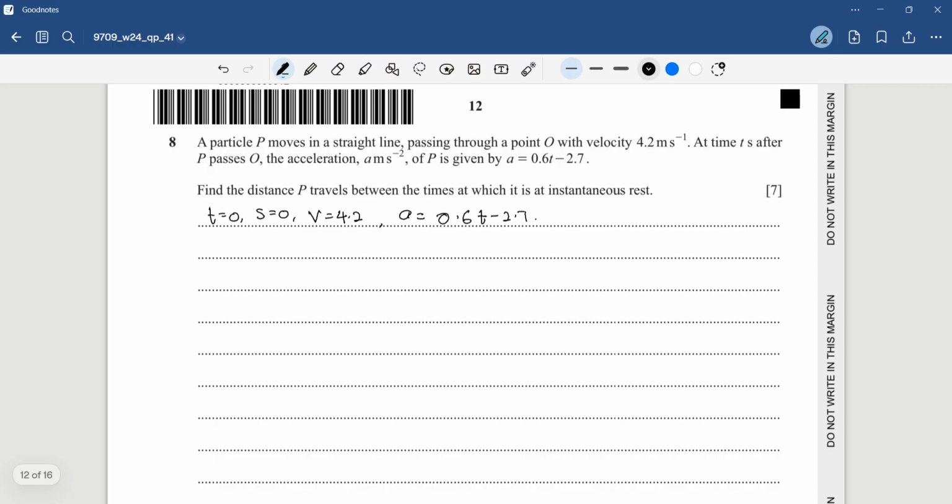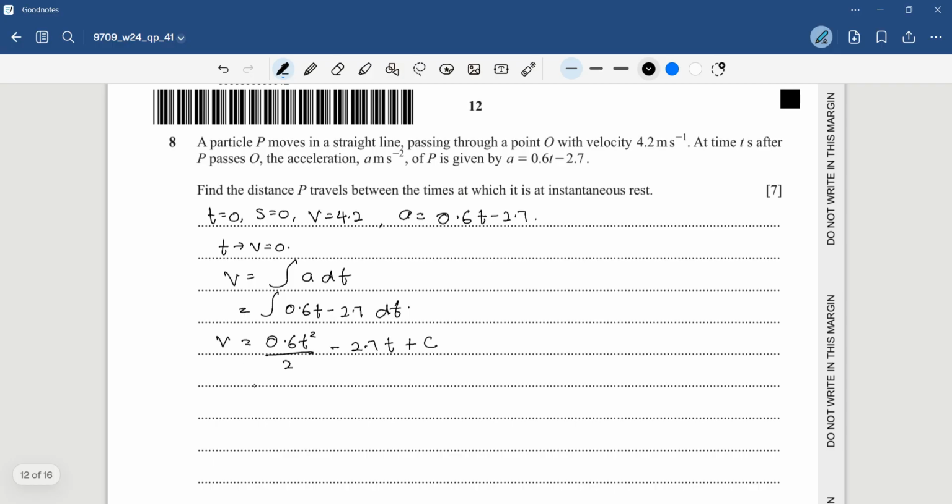So I need to find the times when v equals 0. First I need to find v. v is equal to the integral of a dt, which is the integral of 0.6t minus 2.7 dt. So it's going to be 0.6t squared over 2 minus 2.7t plus c.